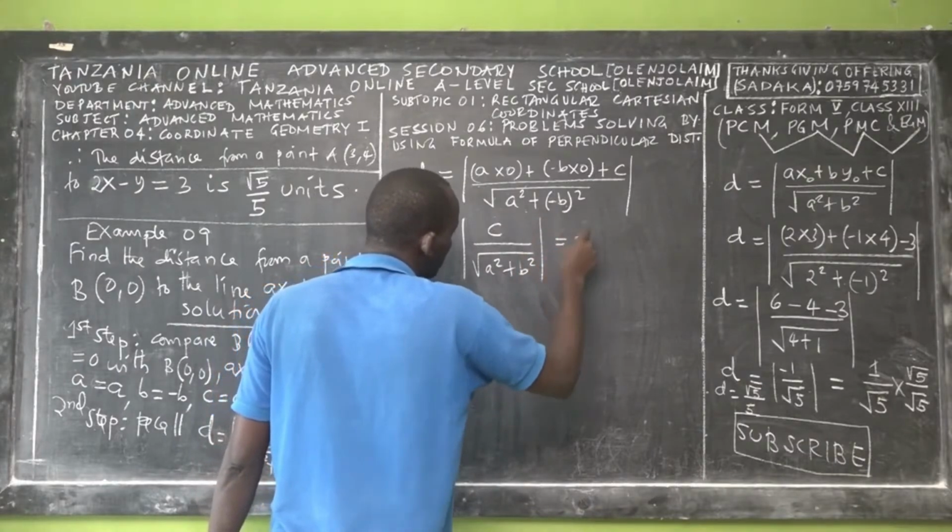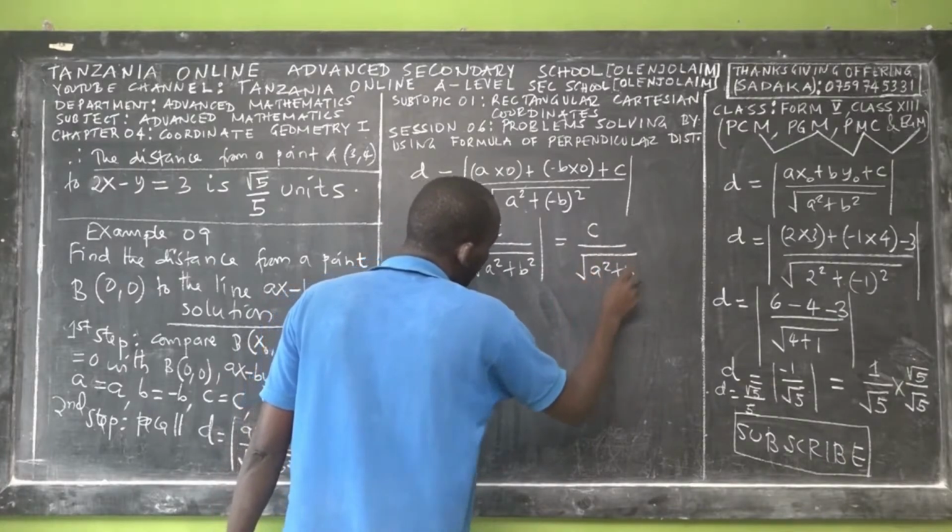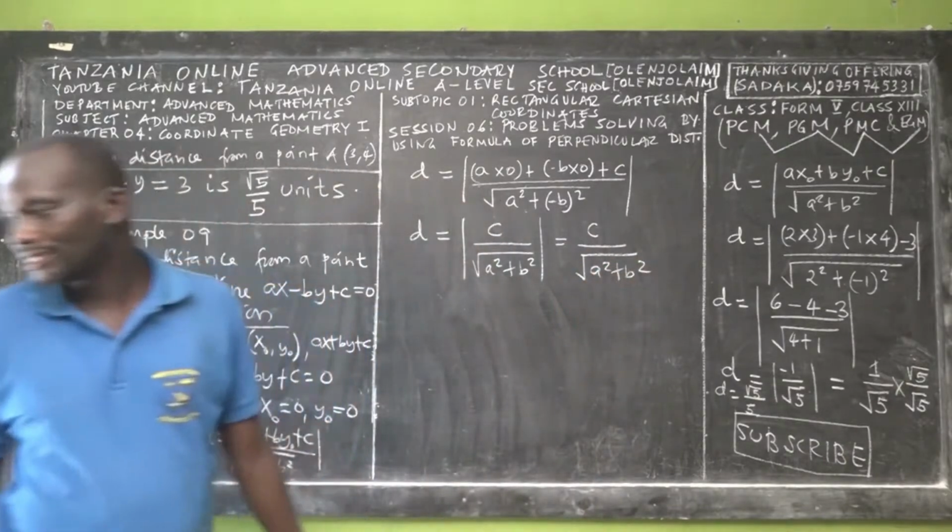So the perpendicular distance is equal to A times x naught, which is 0, plus the value of B, which is negative B, times 0, plus the value of C, which is C, divided by the square root of A squared plus negative B squared. So the distance is equal to A times 0 minus B times 0, so here we have C, over the square root of A squared plus B squared. Simply, this is equal to C over the square root of A squared plus B squared as the distance.